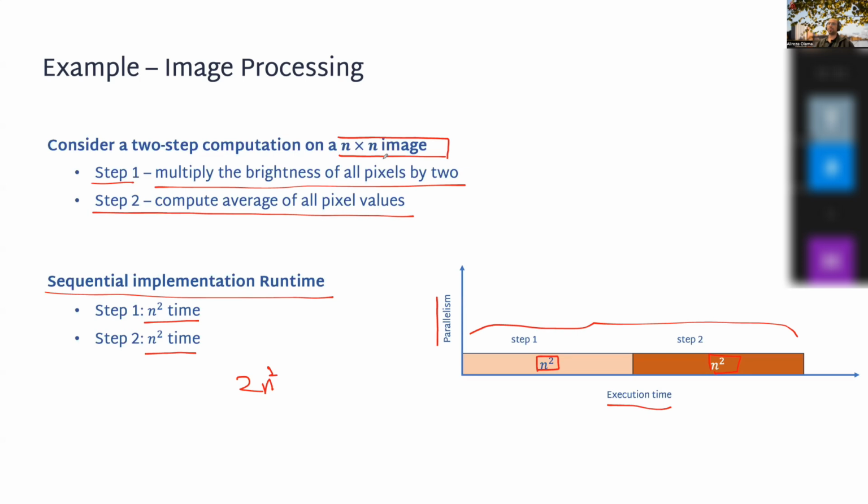So let's see the parallel version. The question here is how we can parallelize this program. What strategy would you choose for parallelizing such a program? How would you do that? Does anyone have any idea? Let me show you the steps again.